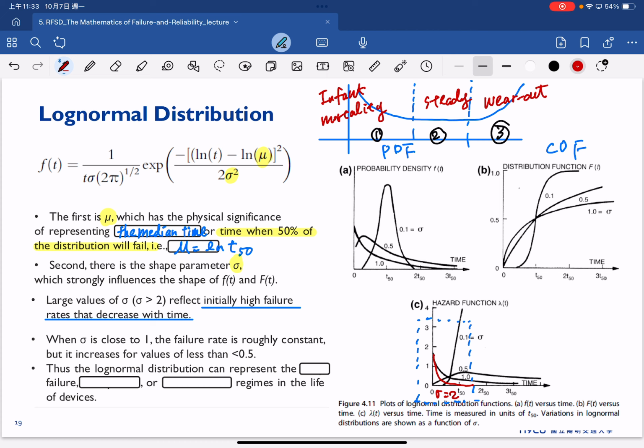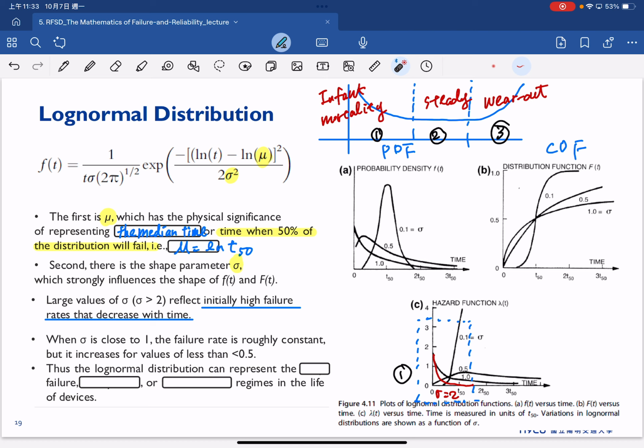If you look at the hazard function, which is also equal to the failure rate function, the high failure rate decreasing with time in phase 1, which we call infant mortality, corresponds exactly to the situation if we have a large sigma, right?